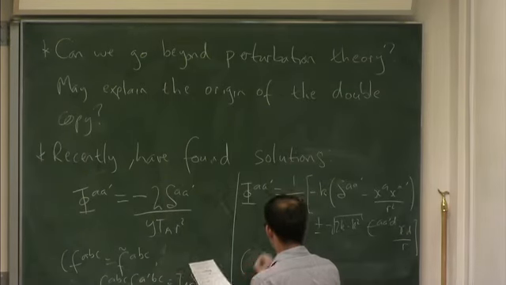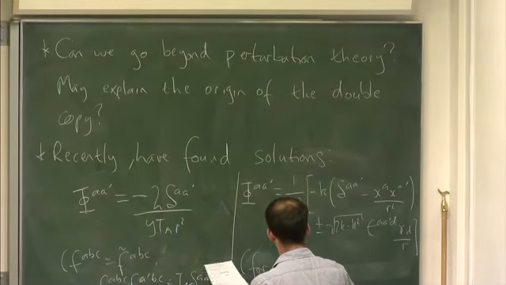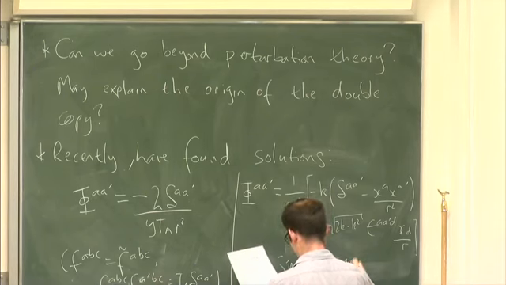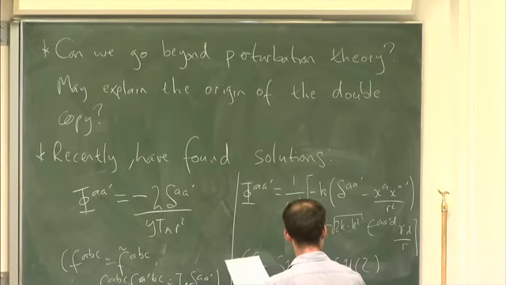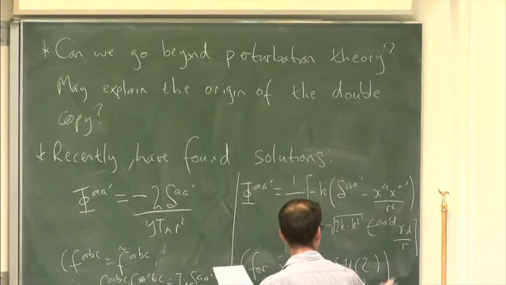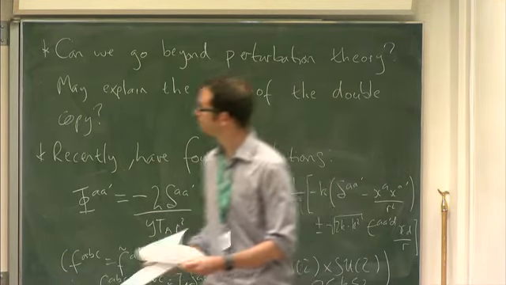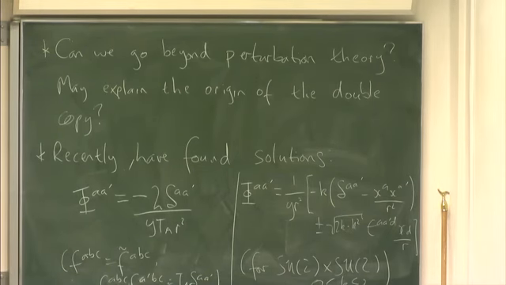So that is for SU(2) cross SU(2). And here k is just some parameter that goes between 0 and 2 if you want the field to be real.